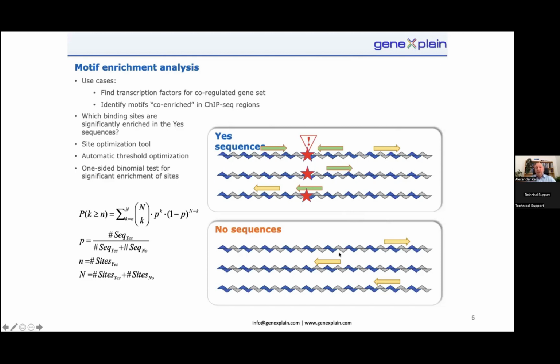For instance, we can take just random regions of the genome, or we can take other SNPs which are maybe not correlating with that particular disease, but randomly picked from the SNP database, and then we compare using some simple statistics whether the number of sites of a certain type, the number of sites for a given factor.